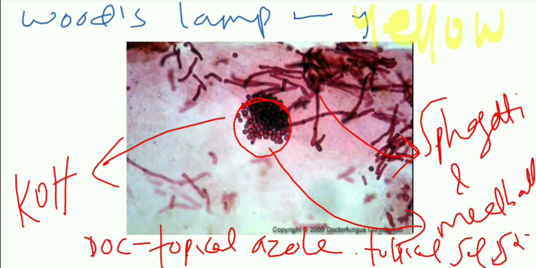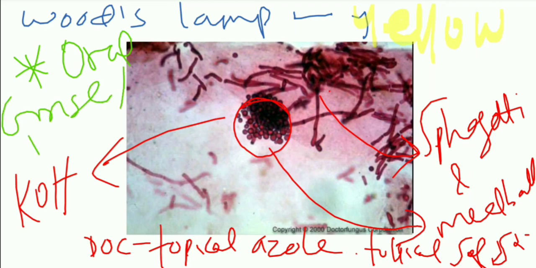It is very important to remember that we do not give oral griseofulvin or terbinafine, neither oral nor topical here. Oral griseofulvin or terbinafine is not at all recommended in pityriasis versicolor. The first line drug is always topical, mostly topical azoles and topical selenium sulfide.